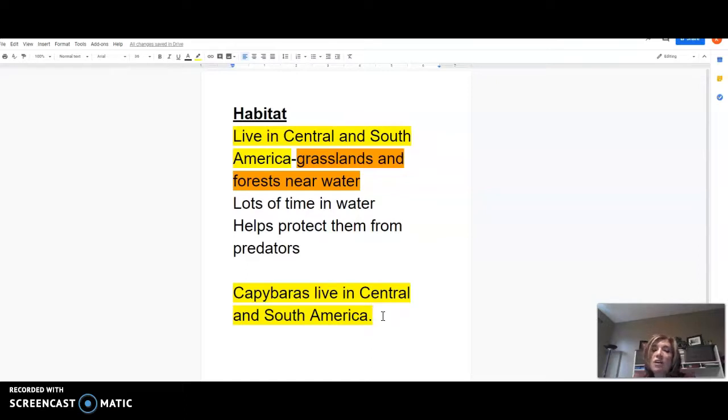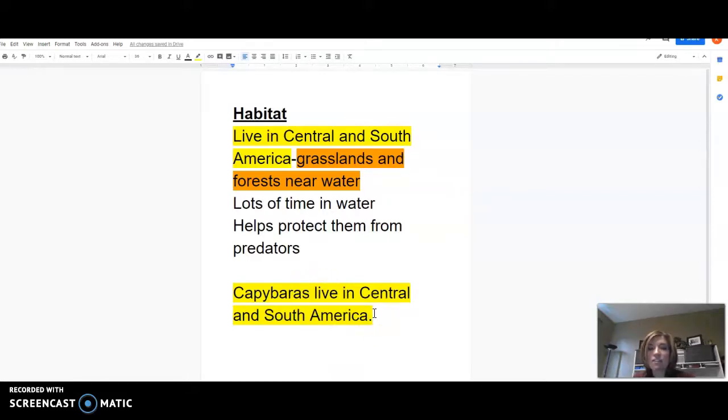Okay? So I could start this sentence with capybaras, or I could start it with a pronoun that would mean the same thing as capybaras. Let's think. Would he, she, or they be the best pronoun to use there? Right, they, because it's plural, and we're talking about more than one capybara.